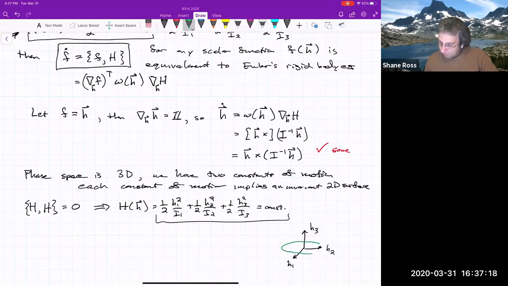I'm not the best at drawing ellipsoids, but who is? There we go. So this is a formula for an ellipsoid, and we might call it the energy ellipsoid.